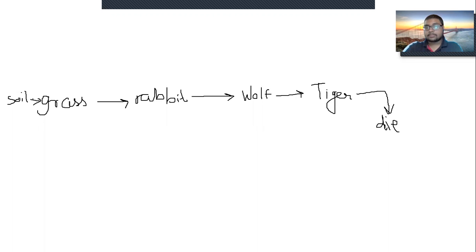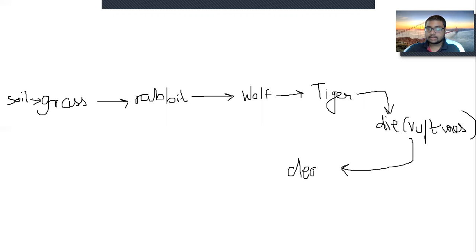After this tiger dies, there are animals who eat dead animals also, like vultures. So these vultures eat dead animals. They will eat the dead tiger.